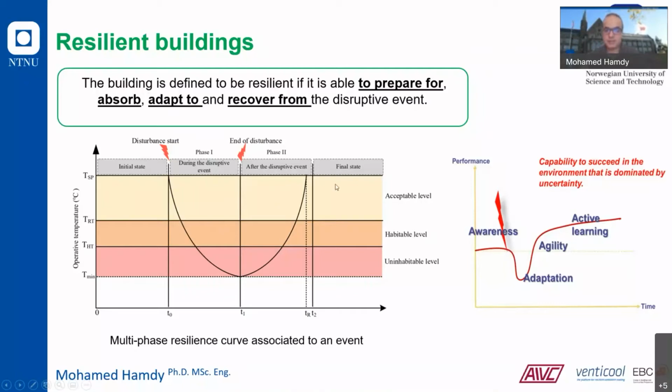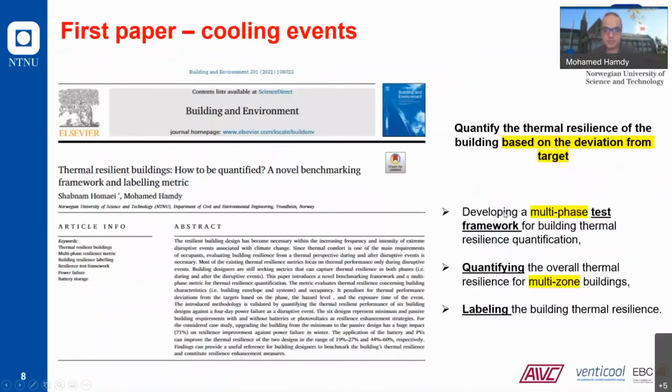And even by recovering, if we're talking about a cycle of events, then we can talk about active learning, and the building can be smarter to prepare for the next event. So here we're talking about this definition.